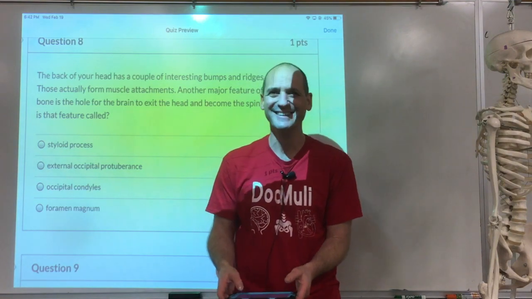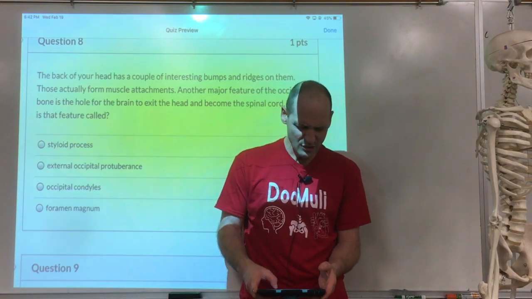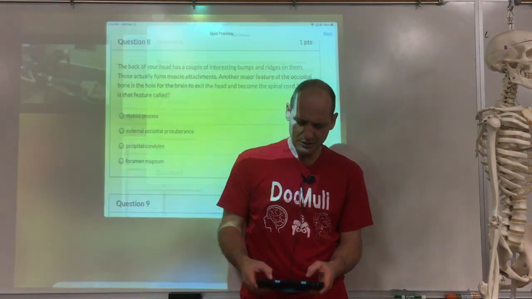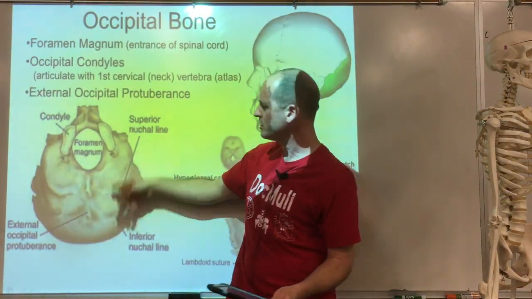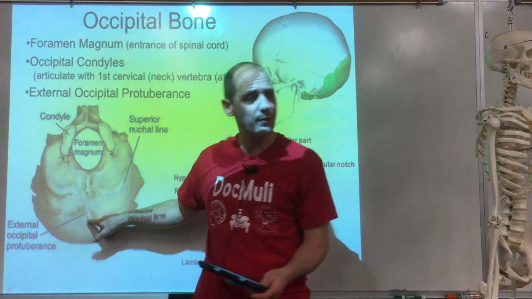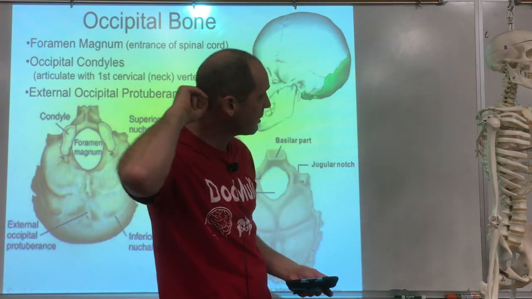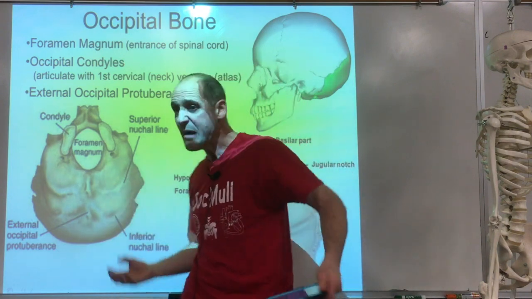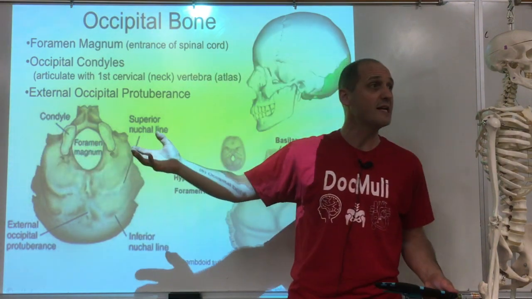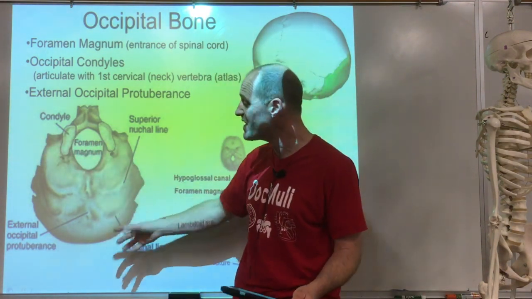Everybody's tight, huh? That's normal. So what we were talking about right here is the occipital bone. That's actually the bone that you touch. That's the greater occipital protuberance. A protuberance is something that protrudes, sticks out. So again, we got it in a word.